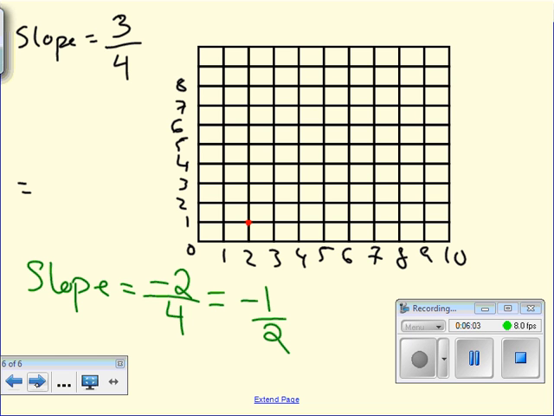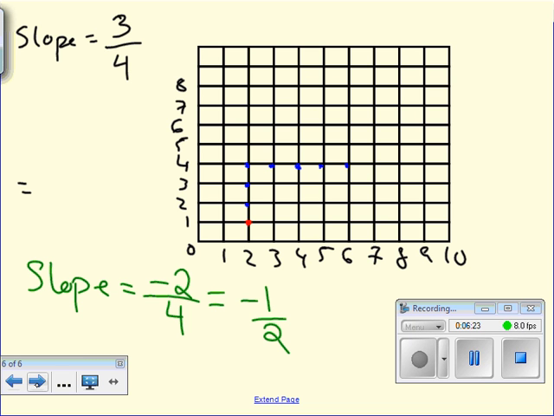So from my point here, I'm going to rise 3. 1, 2, 3. And I'm going to run another 4. 1, 2, 3, 4.